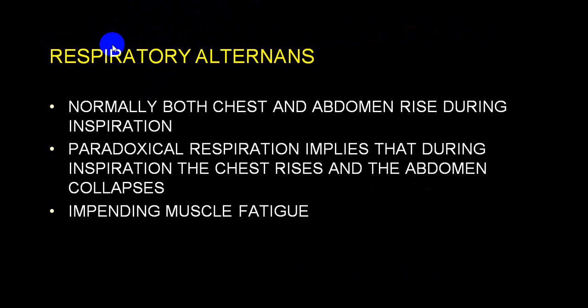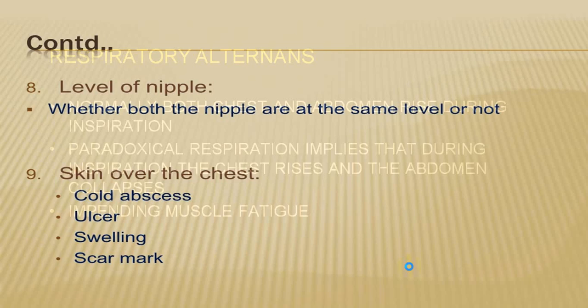There is something called respiratory alternans. Normally both chest and abdomen rise during inspiration, but paradoxical respiration implies that during inspiration the chest expands and the abdomen collapses. This is because the muscle is now getting fatigued, and that is described as respiratory alternans.